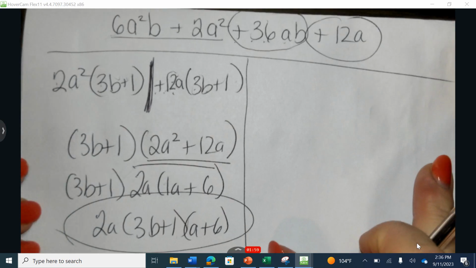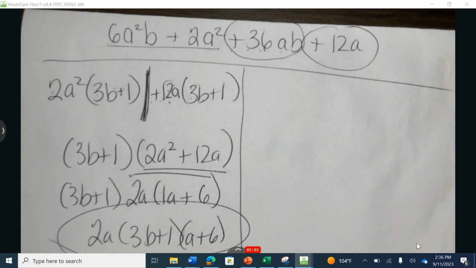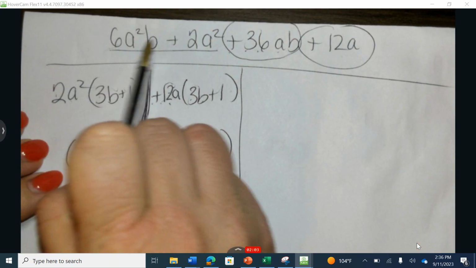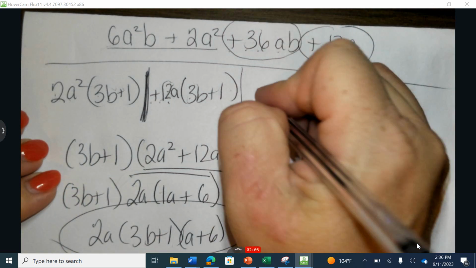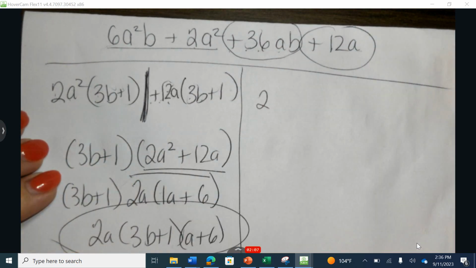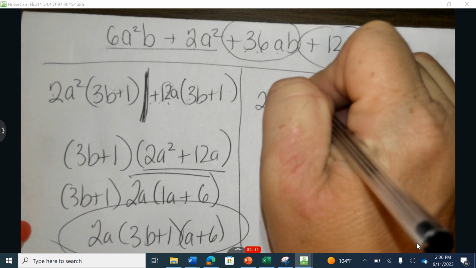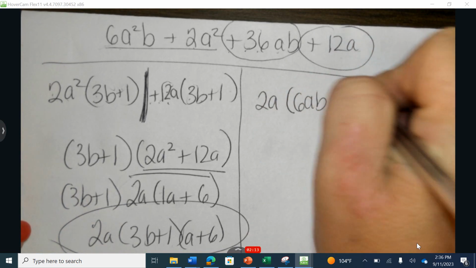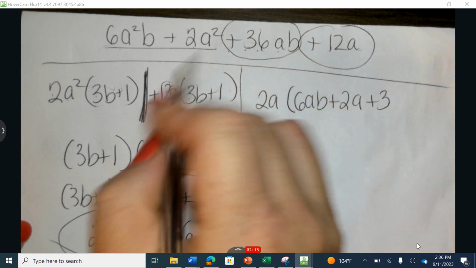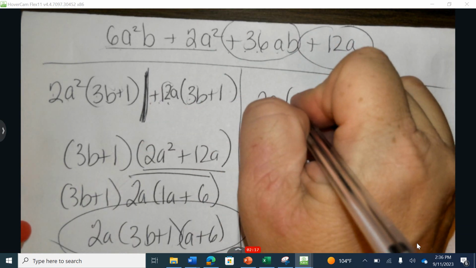Or others with maybe a better number sense may recognize from the very beginning we can factor out a 2, and each term has an a in it. So you'd be left with 6ab plus 2a. Oh, sorry, I forgot to factor out the 2.